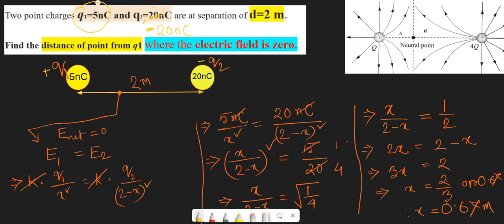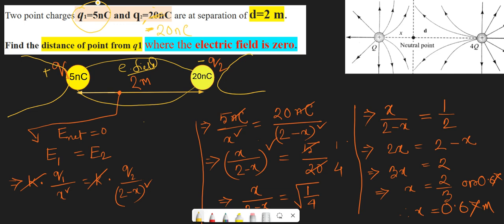It means they attract each other. It means in between these two charges the electric field will be present. All this region in between these two charges, the electric field will be present. So where will the electric field be 0? Obviously outside of this 5 nanocoulomb or might be 20 nanocoulomb, vice versa.